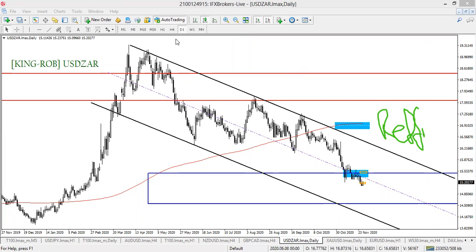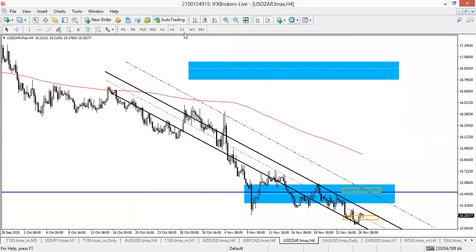So let's quickly move to H4 and see what's happening under H4. This is H4. This is what we have under H4. If you look at H4, basically, you can see that the market has started rejecting inside our outer block or our price rejection zone. Let me just zoom in just a bit.